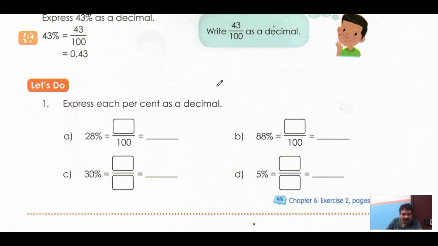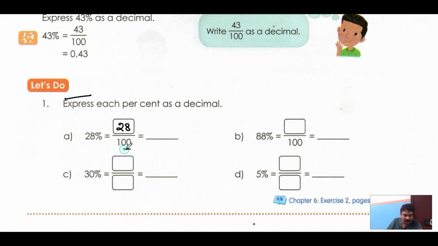In this way we can do the best here. Let's come back to this one now. Here you have 28%. Before doing any problem, better first you read the question, right? Express each percent as a decimal. So 28% means 28 out of 100. Now you are going to change from fraction to decimal.